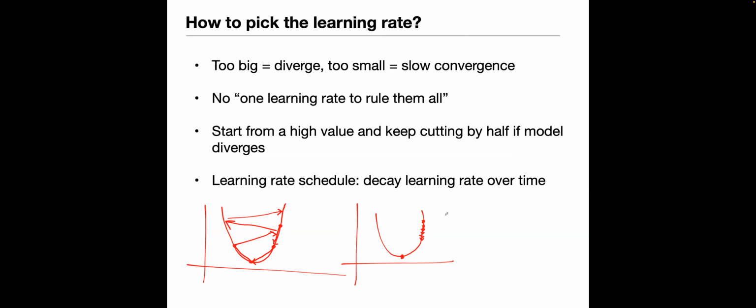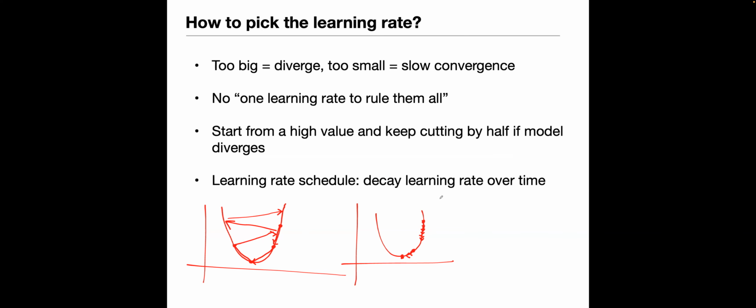The reason we start with a large one is that in the beginning, you can quickly reach this region. When you're coming down towards the local minimum, I want to take baby steps to prevent me from jumping out and becoming the diverge case. So you can take quick steps first, then eventually make small steps towards the local minimum.